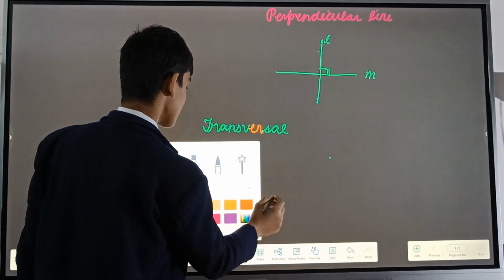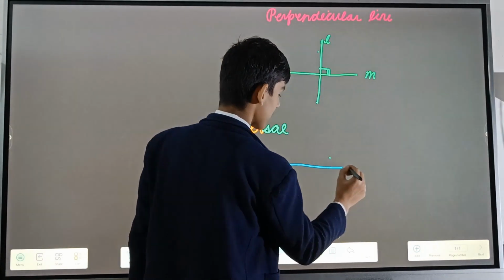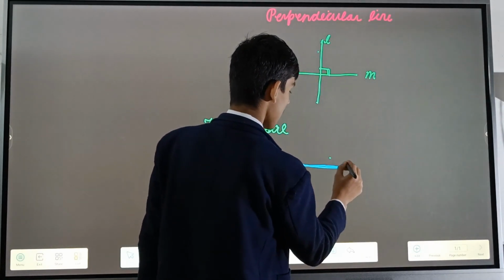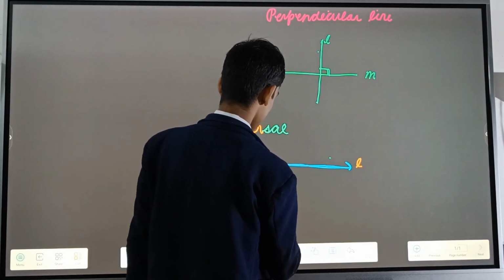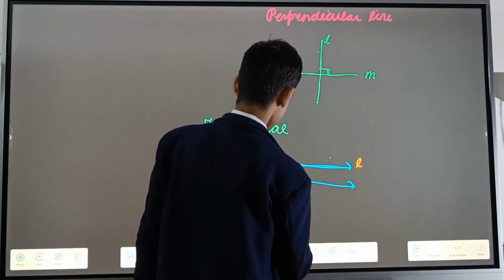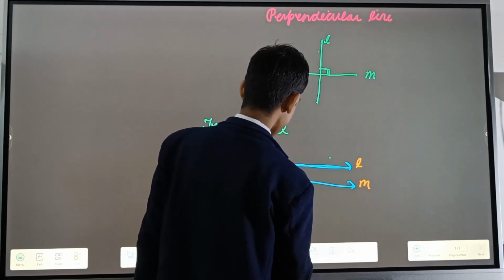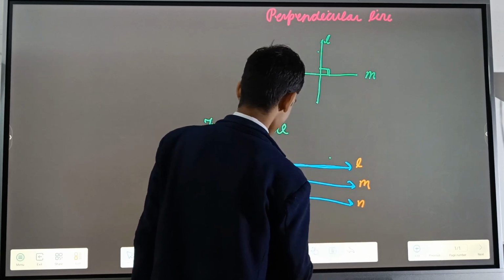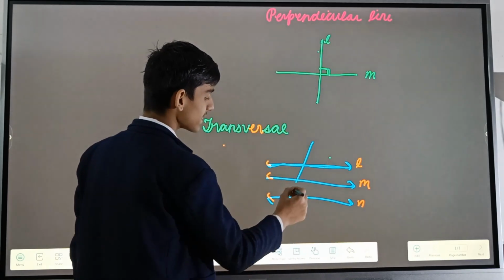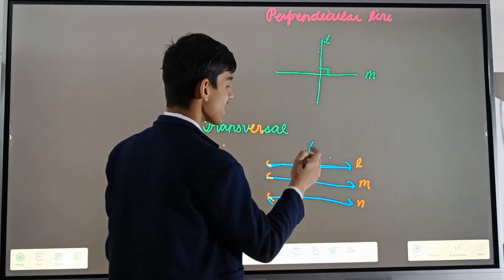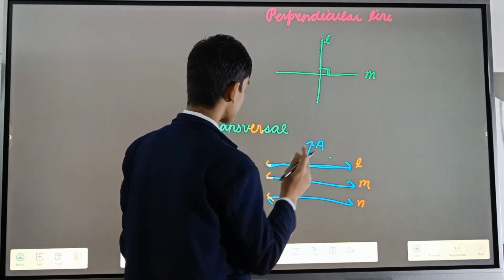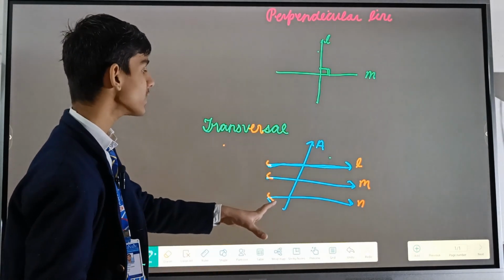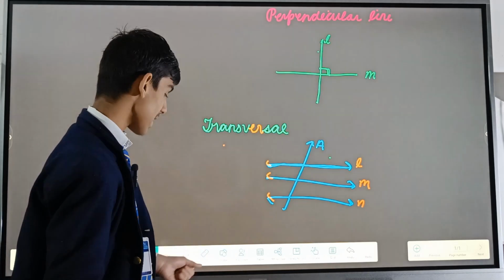For example, if we draw like that, it is one line, name it L, and the second line M, and the third line N. When a line A intersects all three lines, it is called a transversal because it intersects three or more lines.